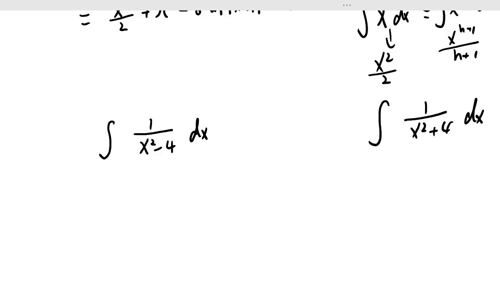The next one is x squared plus 4. The first thing we want to know is, can we use the u prime method for both? U prime is the first thing we try.